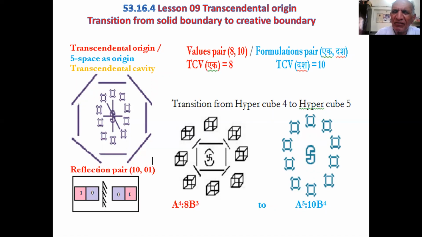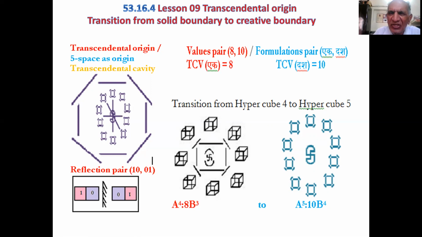Once we are on this path, then we shall be imbibing fully that the hypercube 4, the representative regular body of 4 space, is a 4 space content domain within a solid boundary of 8 components. A step ahead, the transcendental domain is within a creative boundary of 10 components. As such, the transition from 4 space to 5 space along the format of hypercube 4 to hypercube 5 is going to be a transition from the solid boundary of 8 components to creative boundary of 10 components.